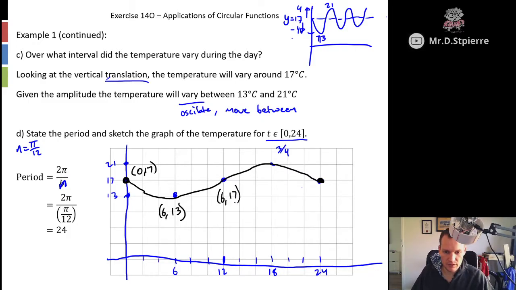It's 12, 17, half of our period. We're back at the equilibrium. The 3/4 point we are at 18, 21, and our last point is 24, 17. That's that graph.